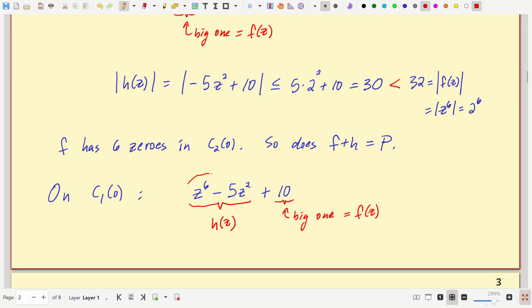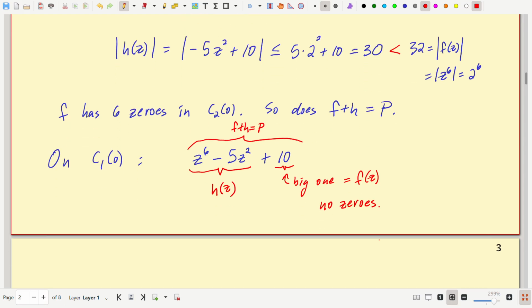And this one's the f plus h, which is my p. And that one has no zeros. And so it's just like the first example I did. So P is going to have no zeros also. So it'll be the same as the previous one I did.